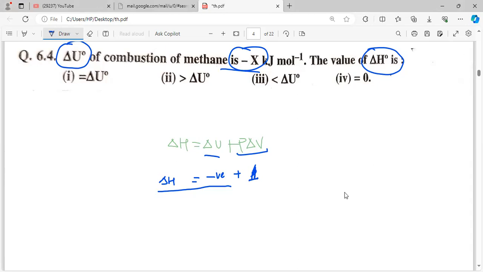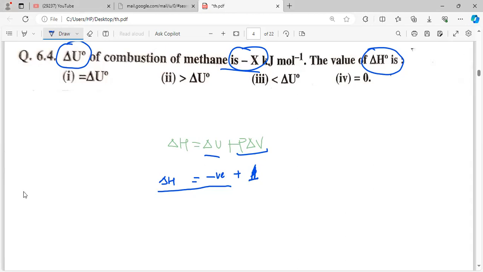Check in the book which one is given. Thermodynamics. What have they given? No, sir, one thing we can see, the question is given that delta H is greater than, less than, or equal to delta U. So, sir, here we have delta U plus P delta V, so surely it will be greater than delta U.